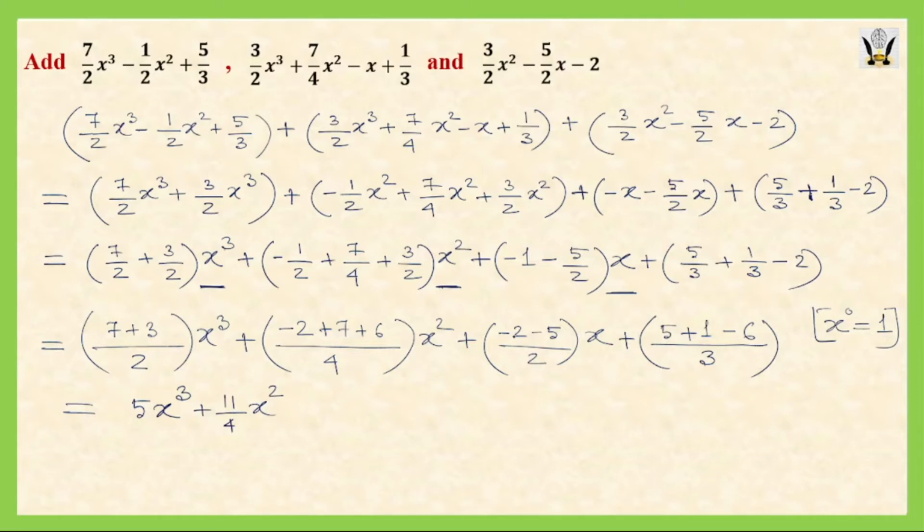Then we have minus 2 minus 5, so minus 7 divided by 2 x. And then here it is 5 plus 1, 6, then minus 6, 0. So in the final algebraic expression we will not have any constant term. So this will be our final simplified answer of this addition of algebraic expressions.